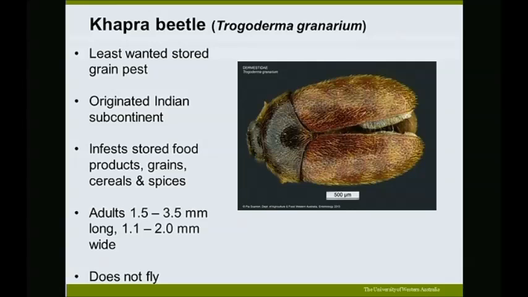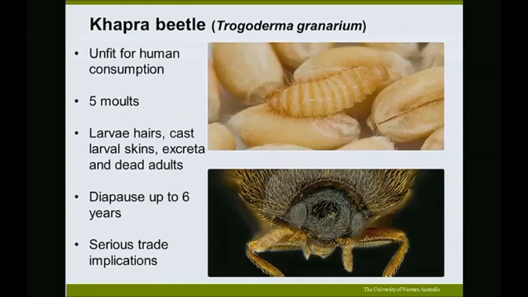So, least wanted pest of stored grain, infests a very wide range of stored food, but it's pretty tiny. For something so small, it does cause a lot of damage, and it doesn't fly. It just walks around. These are the larvae.